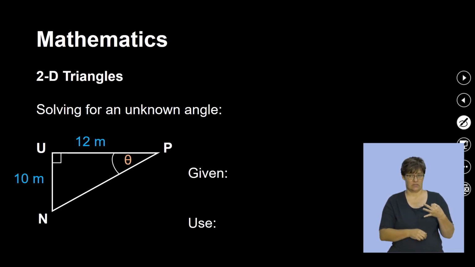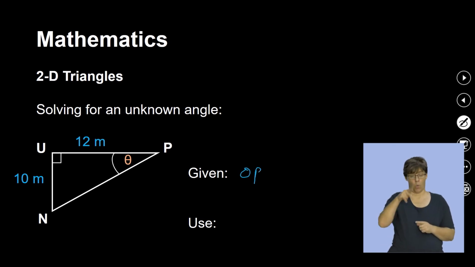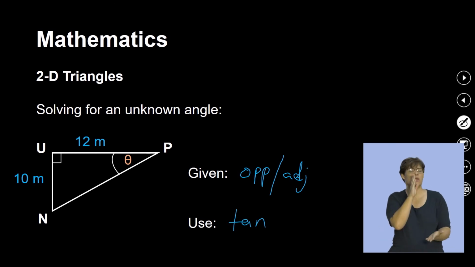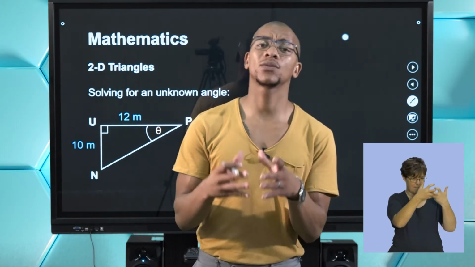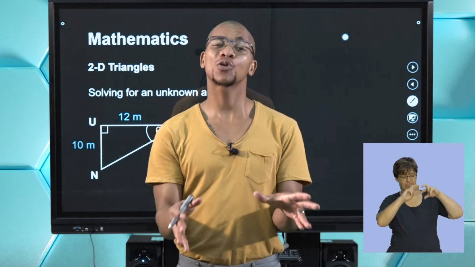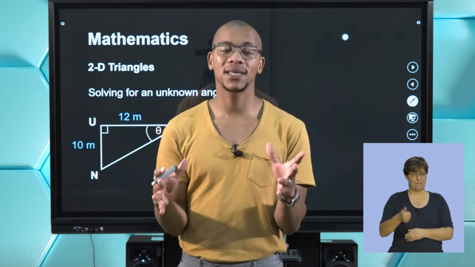And then the third one will be, if I'm now given the opposite and the adjacent. You know for a fact opposite and adjacent has to do with tan theta. And therefore, you can solve these things from that perspective. So make sure that you know exactly what it is that you are given so that you are able to solve for the ratios. We're still looking at solving 2D triangles with trigonometry. That's the main thing that we're trying to do.